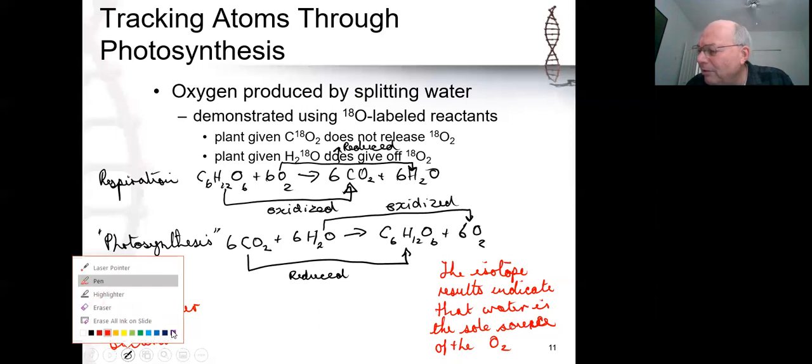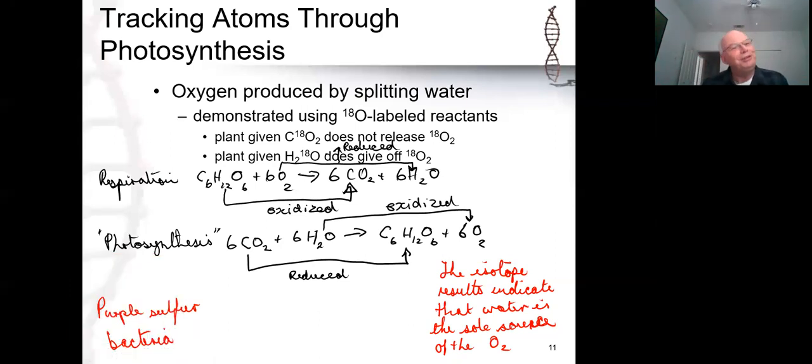chemosynthesis, and I think I'll write the equation in purple, seeing as how they're purple. Their equation, Van Niel figured out, went like this.